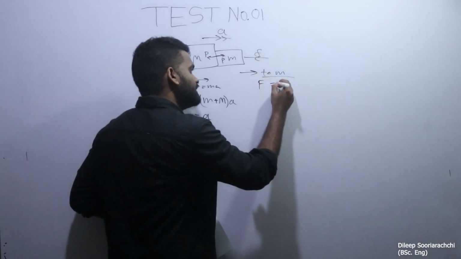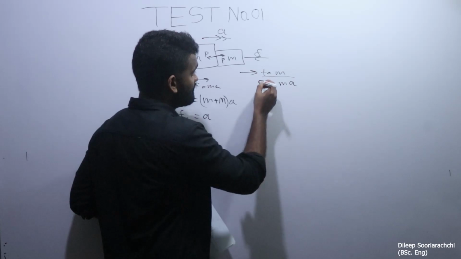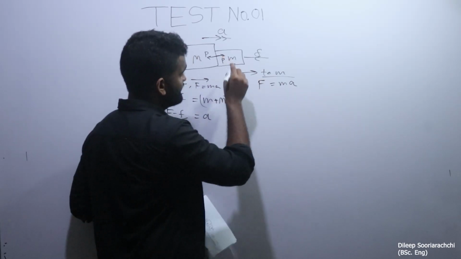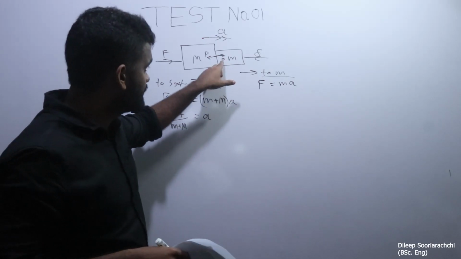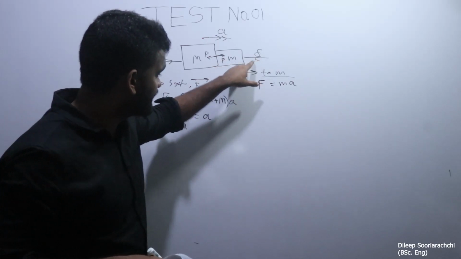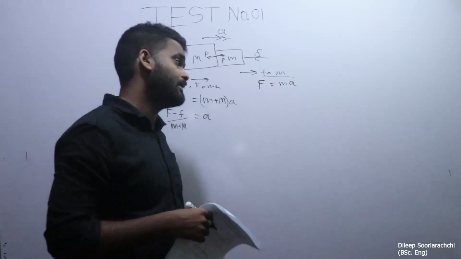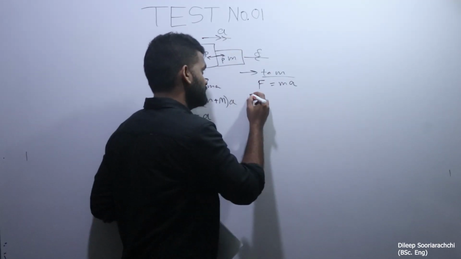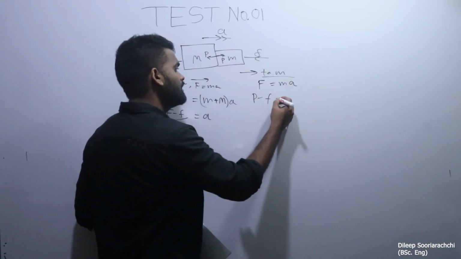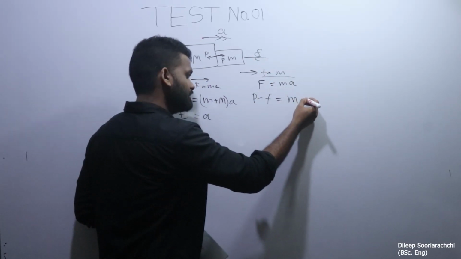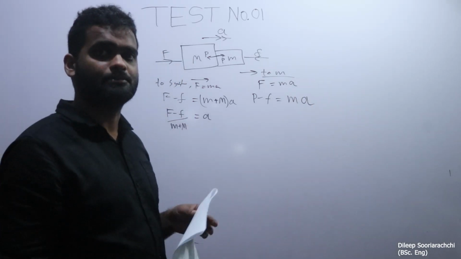So if you apply F equals ma to simple m, for simple m, P is an external force. To this side there's P, then to the other side there's simple f. So the resultant force on simple m is P minus f. And the mass is simple m and the acceleration is simple a. For that one also the acceleration is simple a.